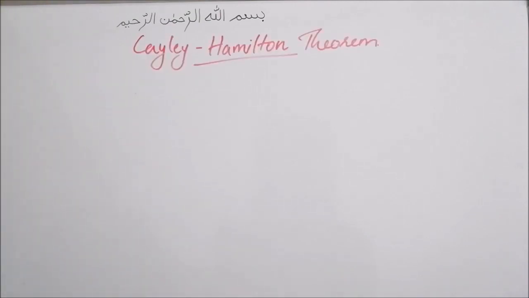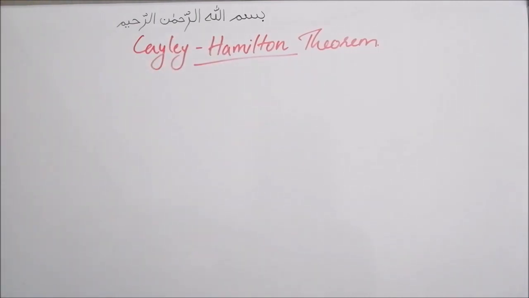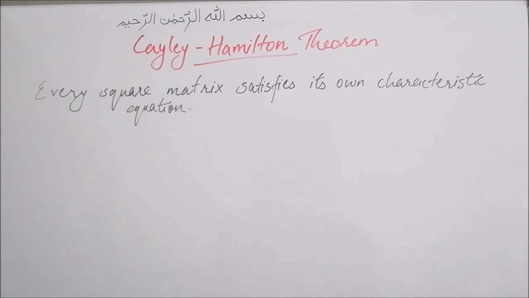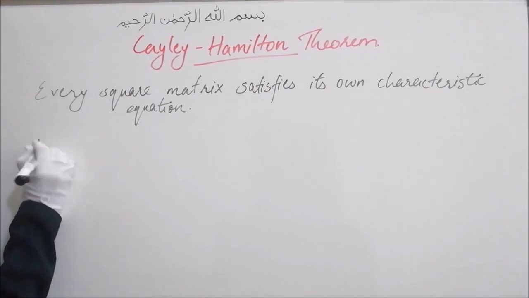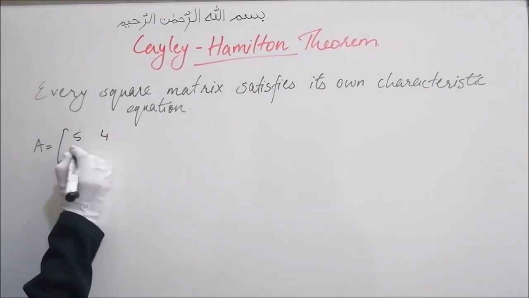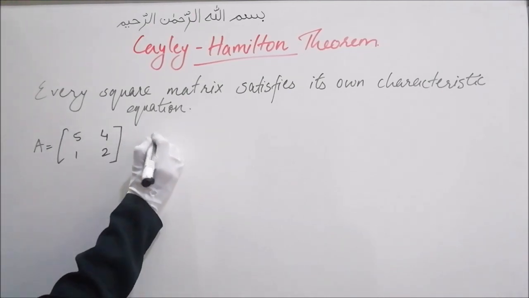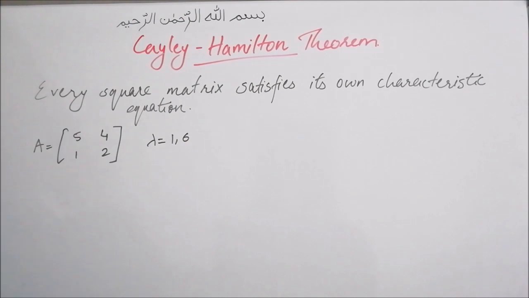Now we'll begin with the Cayley-Hamilton theorem. So what exactly is this Cayley-Hamilton theorem? It states that every square matrix satisfies its own characteristic equation. For example, as we just saw in the beginning of this video, we have the matrix 5, 4, 1, 2. We saw its eigenvalues were 1 and 6.